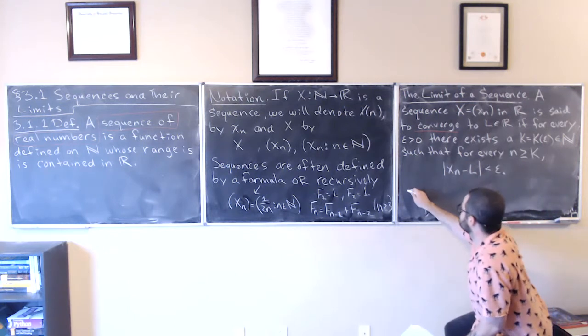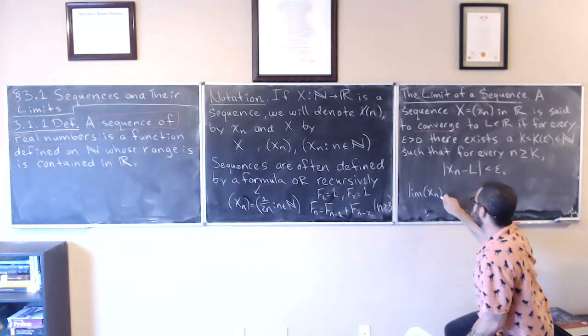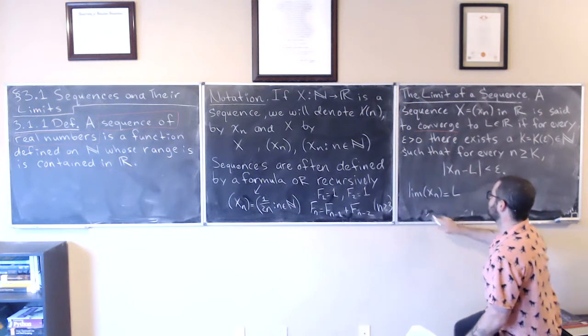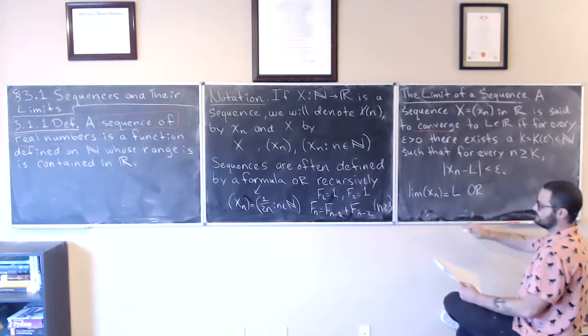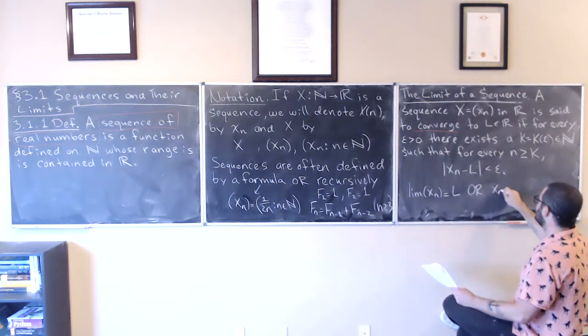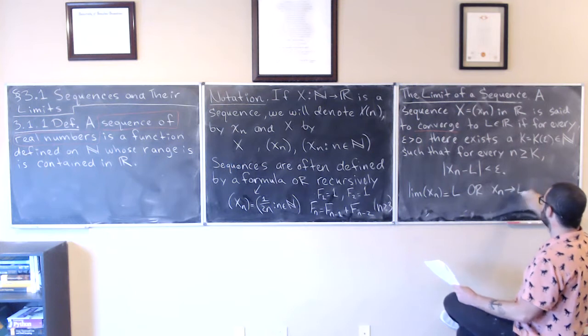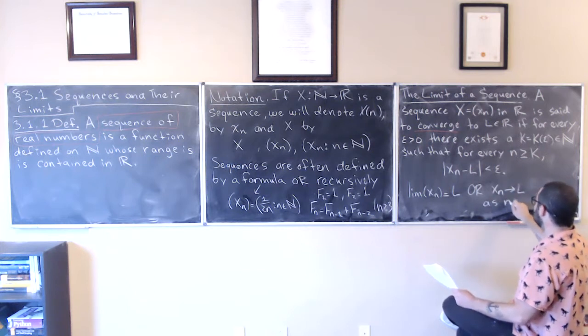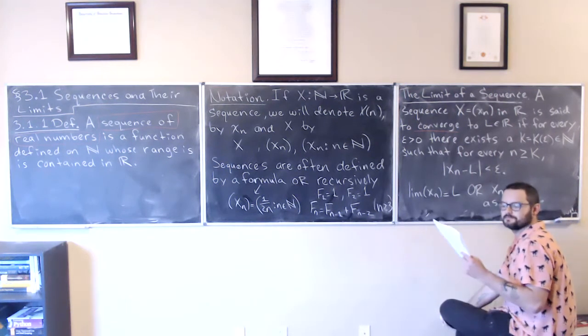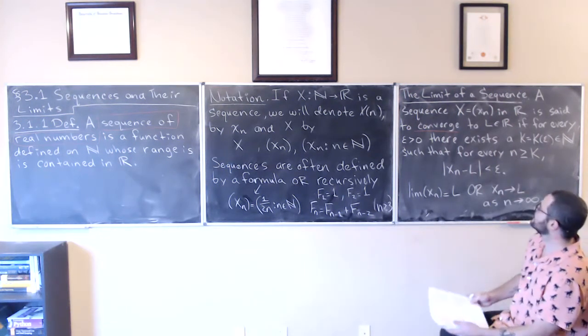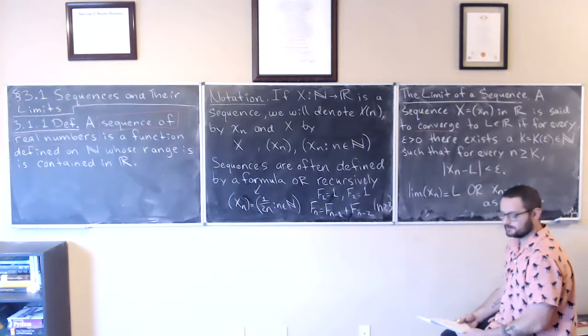And we'll use the notation limit as n goes to infinity of xn equals L. Or another way of writing this is that xn goes to L as n goes to infinity. Okay, so this is the definition of convergence.